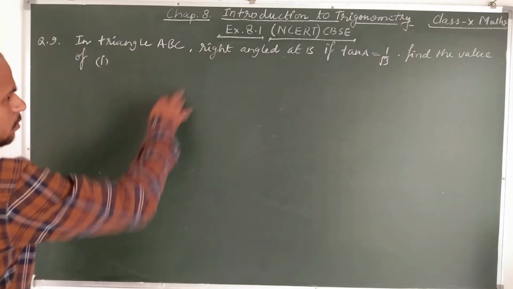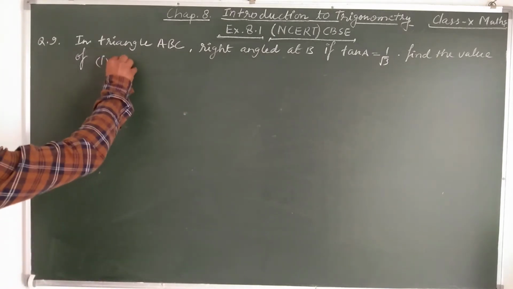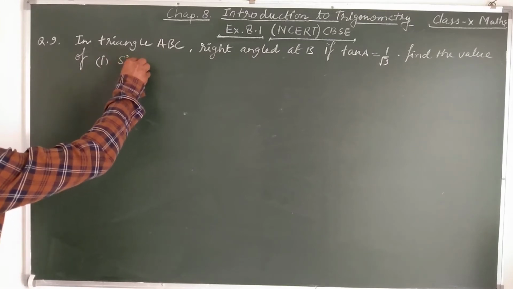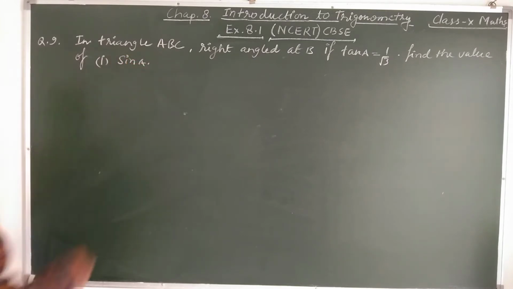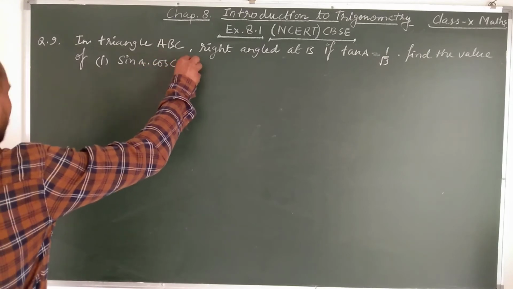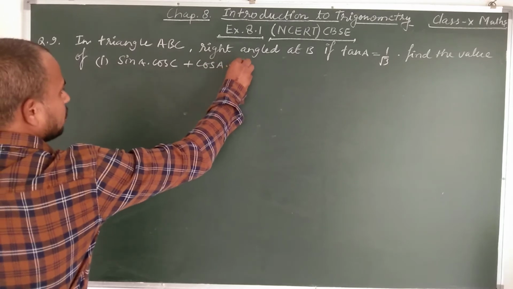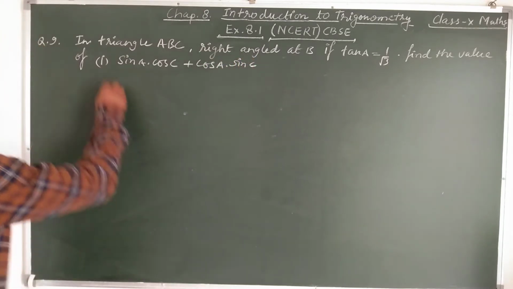In this question we have two parts. First is sin A cos C plus cos A into sin C.